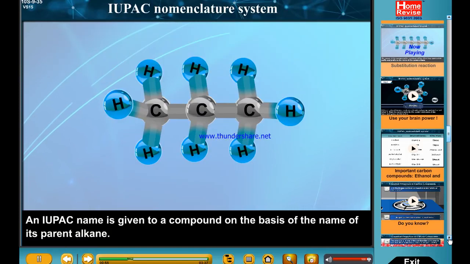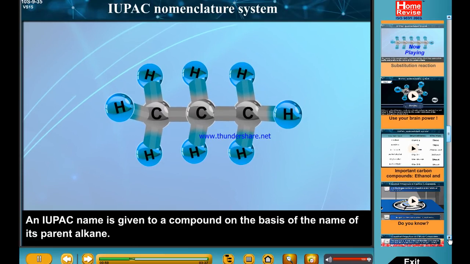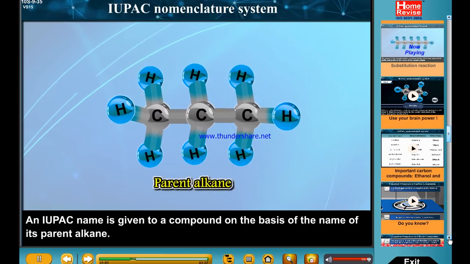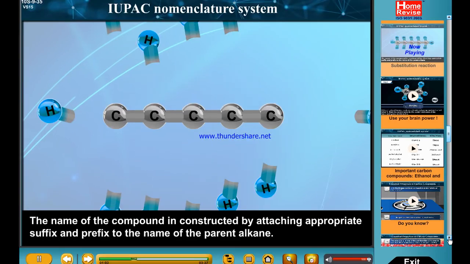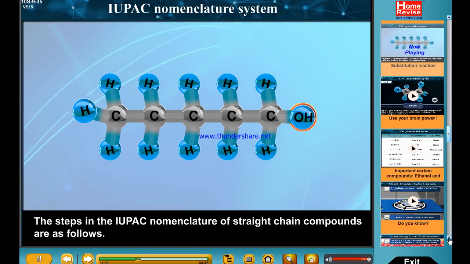An IUPAC name is given to a compound on the basis of the name of its parent alkane. The name of the compound is constructed by attaching appropriate suffix and prefix to the name of the parent alkane. The steps in the IUPAC nomenclature of straight chain compounds are as follows.